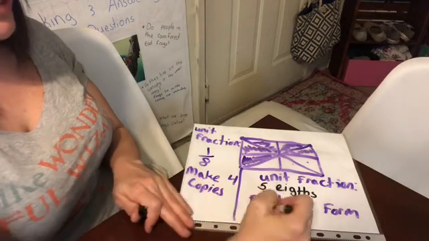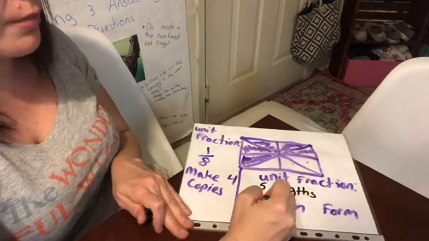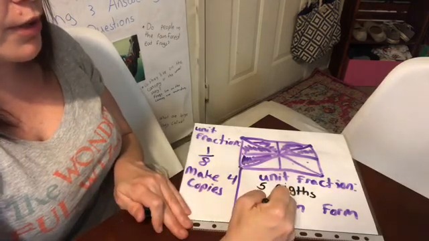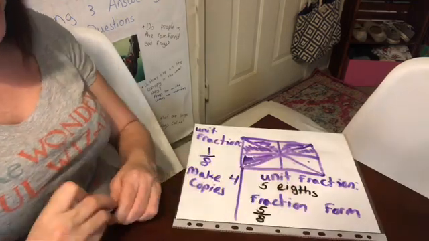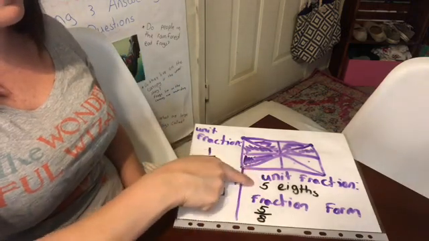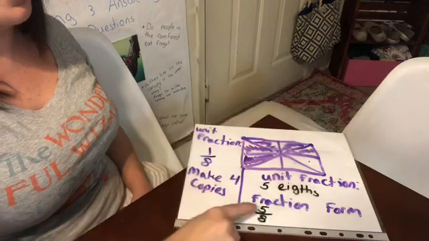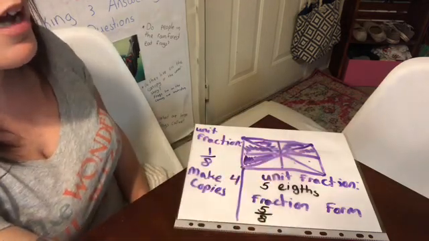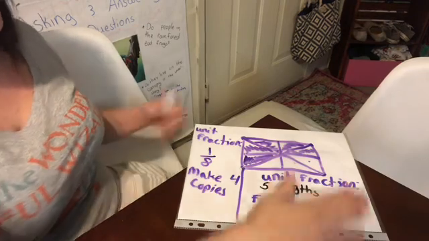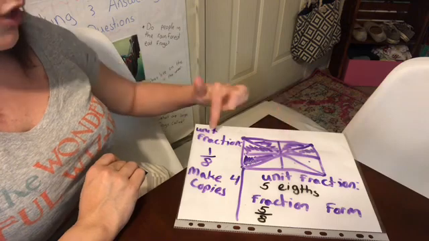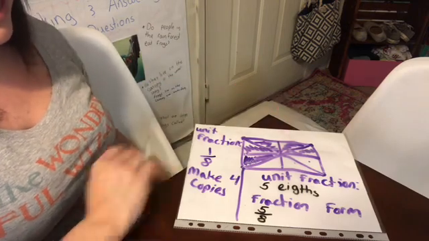I can also write that in fraction form by putting the number of shaded parts over the number of parts total. Okay, I'm gonna say it, then you say it. Ready, go. 5/8. 5/8. Very good. We have shaded in 5/8 of this fraction by making 4 copies of the original unit form 1/8.